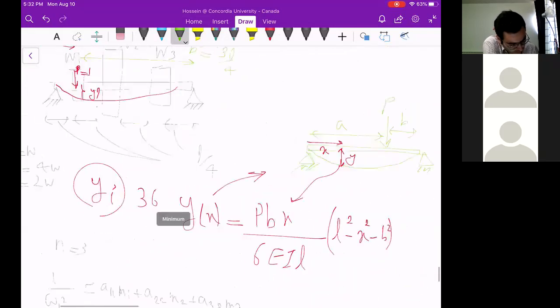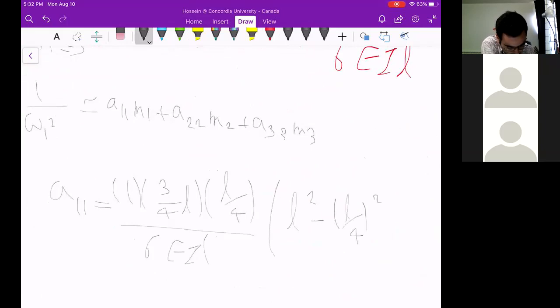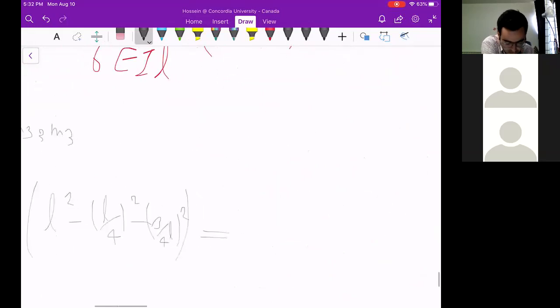Simply, you could say that A11 is P, which is 1, times B, 3 over 4 L, times x, L over 4, over 6EIL, times L squared minus (L over 4) squared minus (3L over 4) squared. Therefore, A11 is going to be 3 L cube over 256 EI.